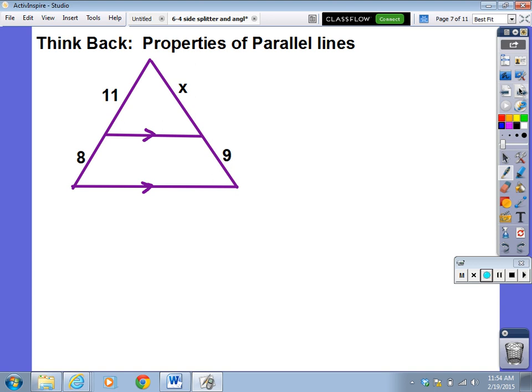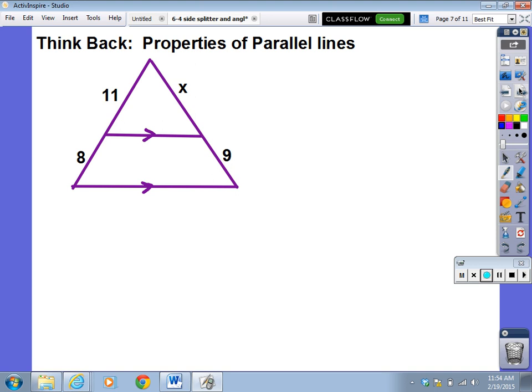So really, we could set this up many different ways. Since it's cutting these sides proportionately, we could set it up as 11 over 8 equal to x over 9, but that's not the only way, because our similar triangles are the huge triangle and then this small triangle, right? So that's another way of doing it. But why not just take it easy on yourself?